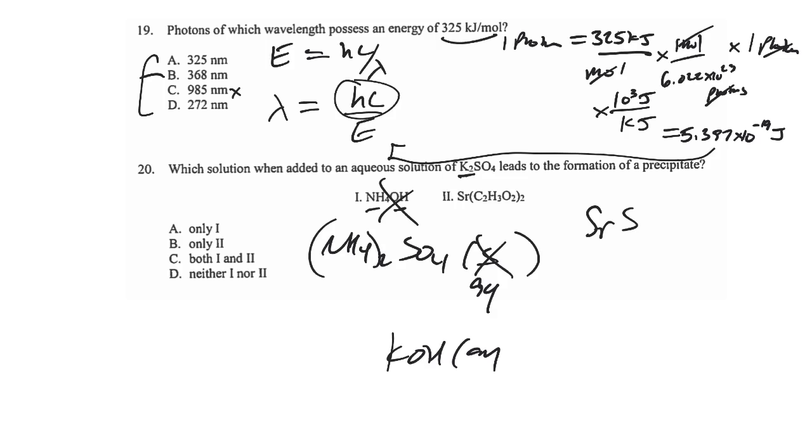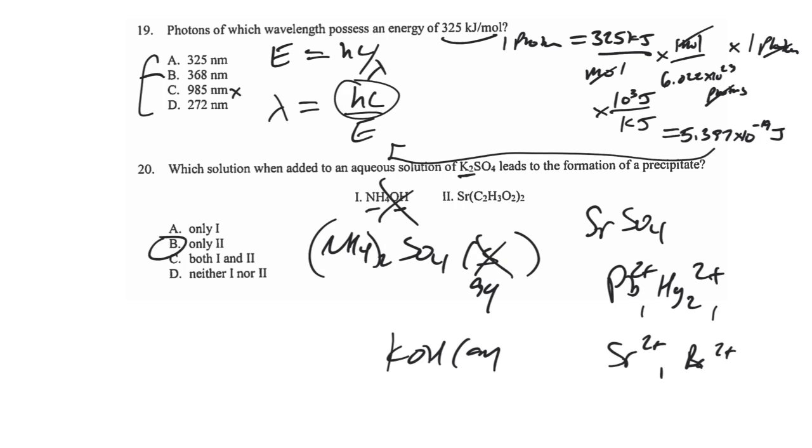What about strontium sulfate? Well, here you could go check your solubility chart. If you forget, it's lead, mercury 1 ion, strontium 2+, barium 2+. So this is going to be only 2. So strontium sulfate leads to the formation of precipitate when mixed with K2SO4.